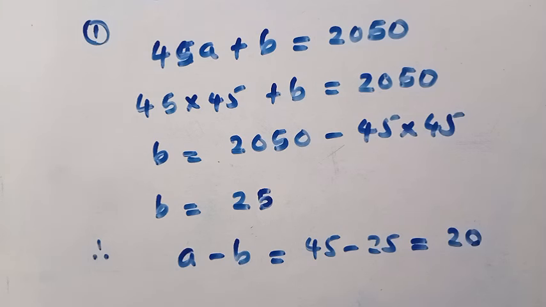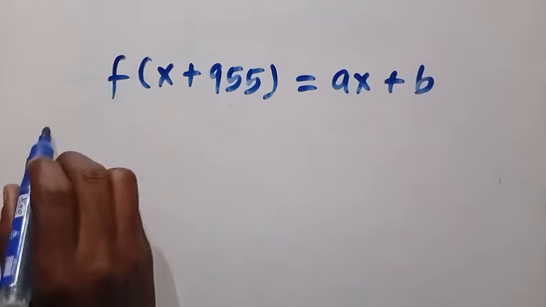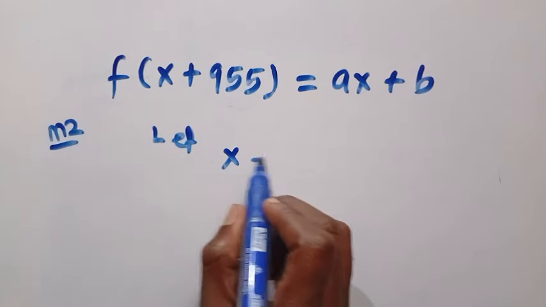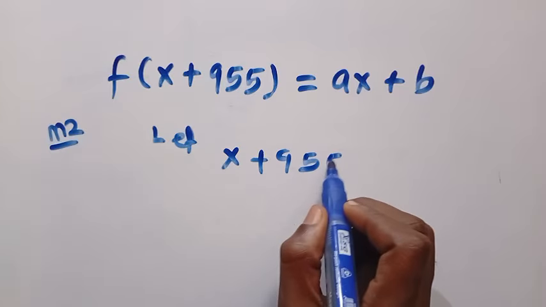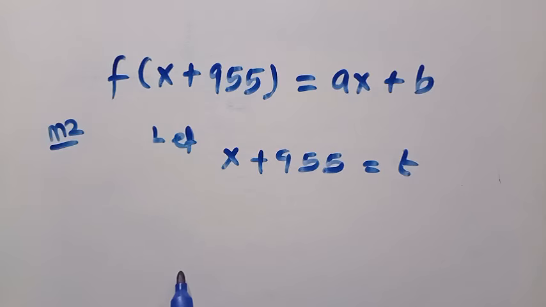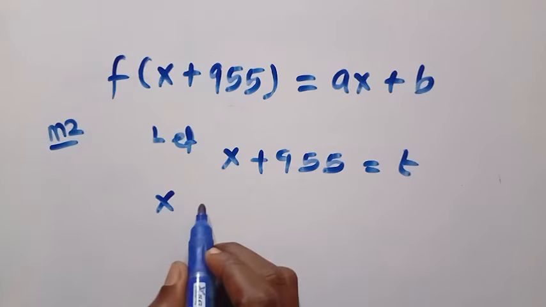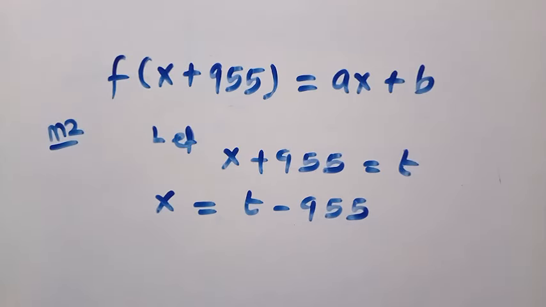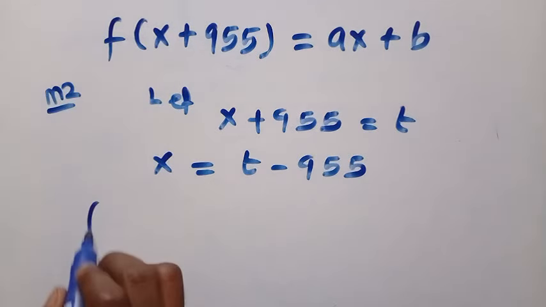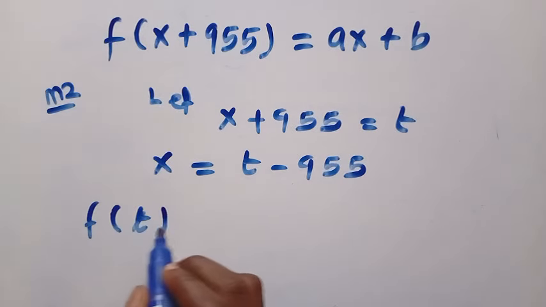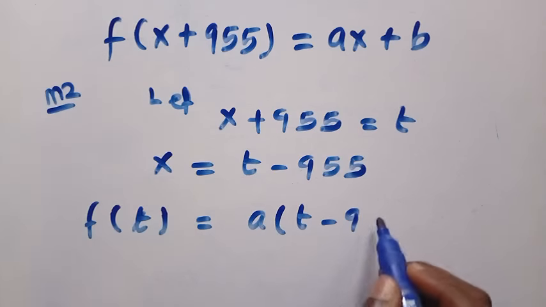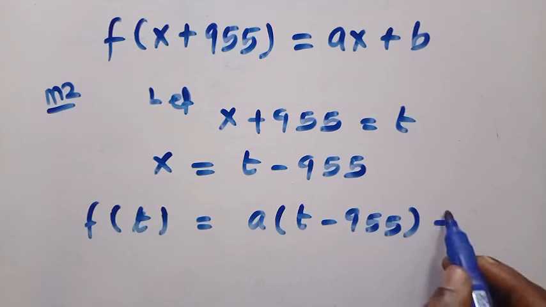And let's solve this using another method. For method 2, suppose I let x plus 955 equals t. So we have x equals t minus 955. By substituting, we have f of t equals a times the bracket of t minus 955, plus b.